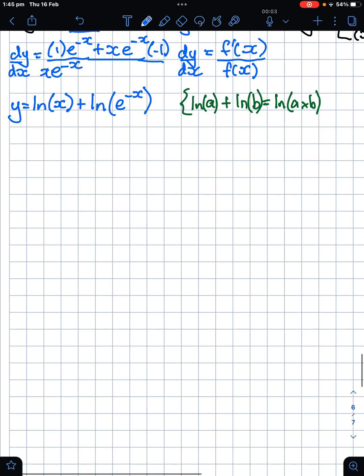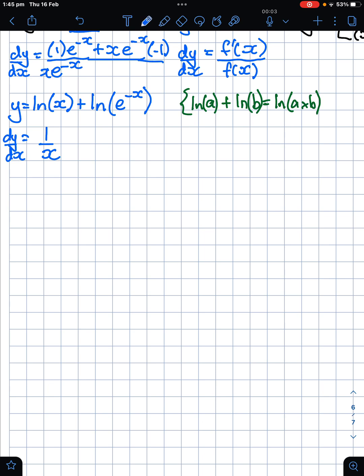Now we've got this in parts, we can say the derivative of the natural log of x is just 1 over x. And then this other term actually simplifies further.